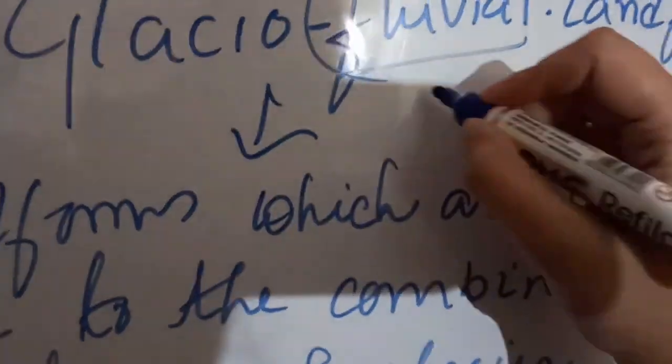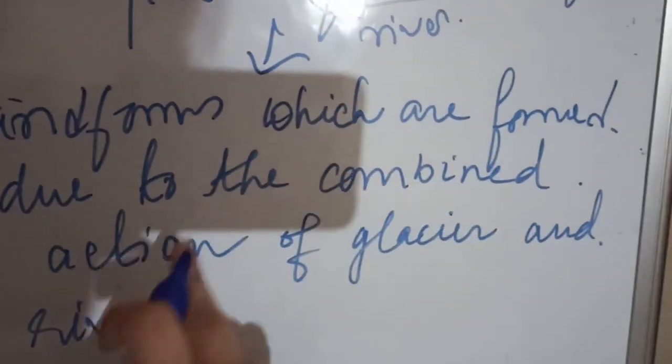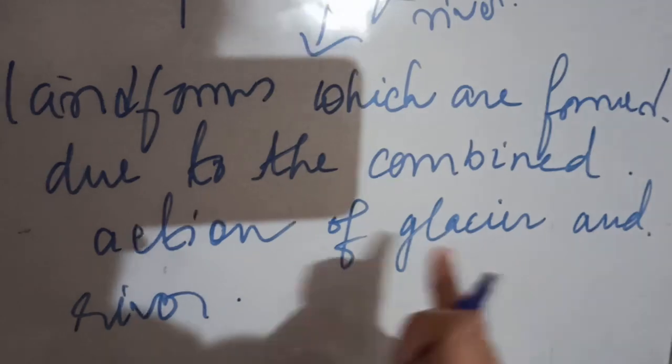Okay, fluvial is another term for river. Clear? So what are these glacier fluvial landforms? The glacier fluvial landforms are the landforms which are formed due to the combined actions of glacier and river.